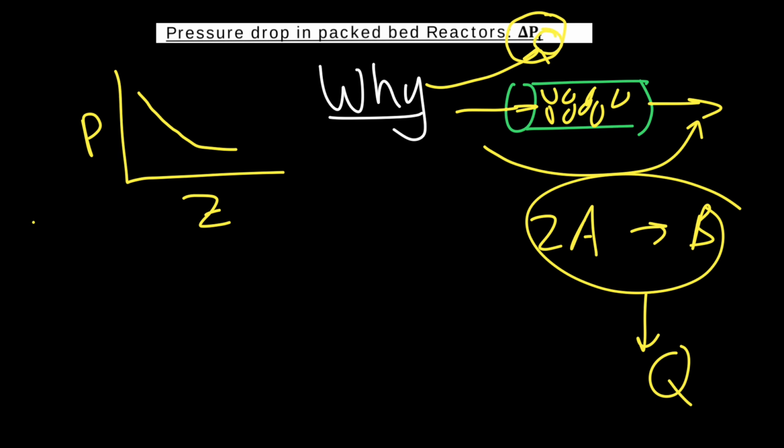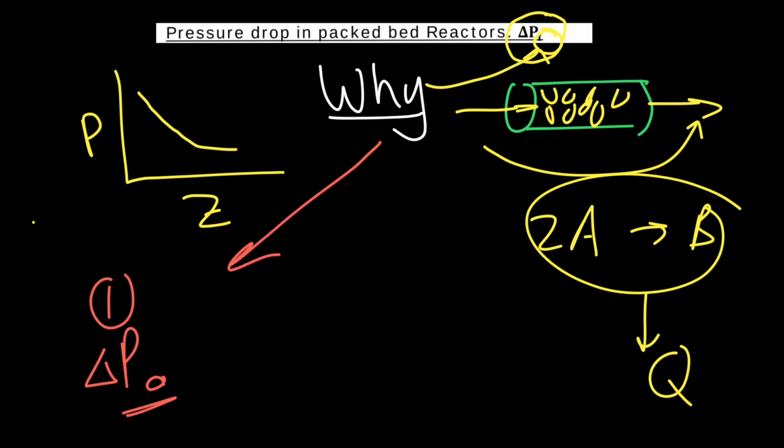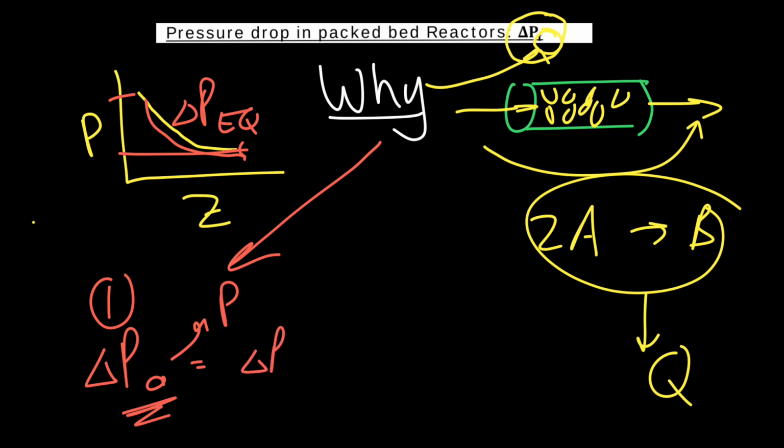So why are we interested in these frictional effects? For two reasons. Reason one, we want to calculate the energy requirement of our pumping or our fluid moving equipment. Our reactor needs to operate at a certain pressure, but there will be a drop in that pressure, and this drop in pressure over my reactor is the delta P equipment that forms part of my mechanical energy balance when we have to size our pumping equipment.